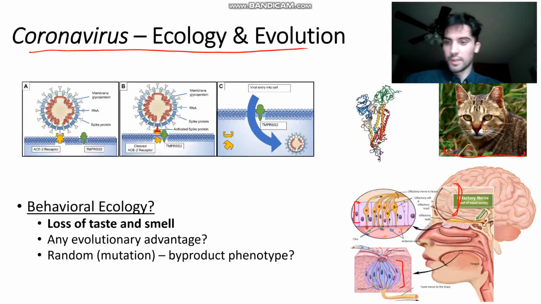Okay, so it might be a big stretch to go from parasitic manipulation to the neurology of coronavirus, but I think it's interesting for us to have this in mind. So the main thing about this virus that's now making a world pandemic is that it's a very, very tough virus.